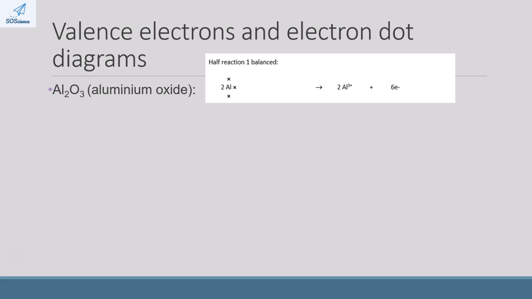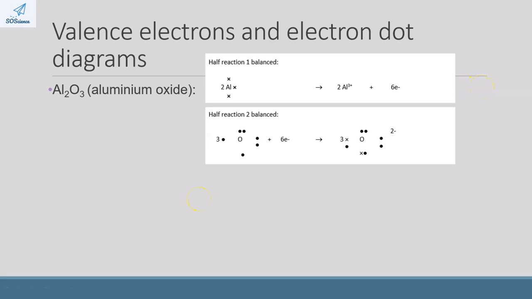My first half reaction balanced needs to be multiplied by 2 all the way across. So I have 2 aluminium atoms that will form 2 Al3+, and because I have 2 aluminium atoms and each one gives away 3 electrons, the total of electrons that's being given away by aluminium is 6 electrons.